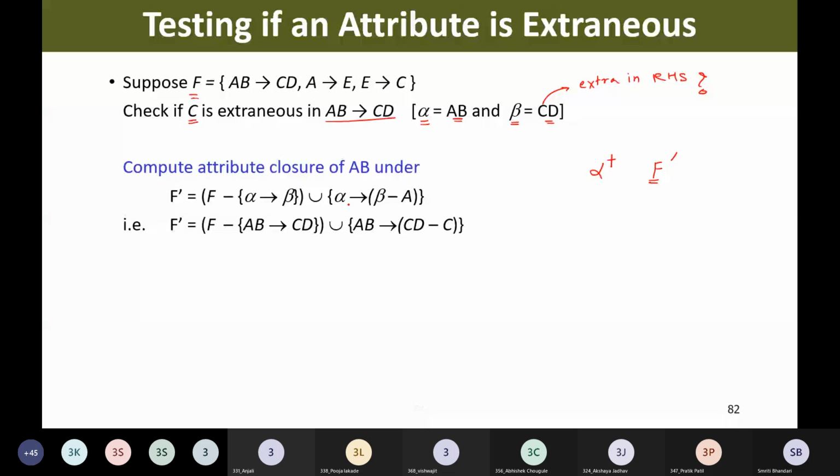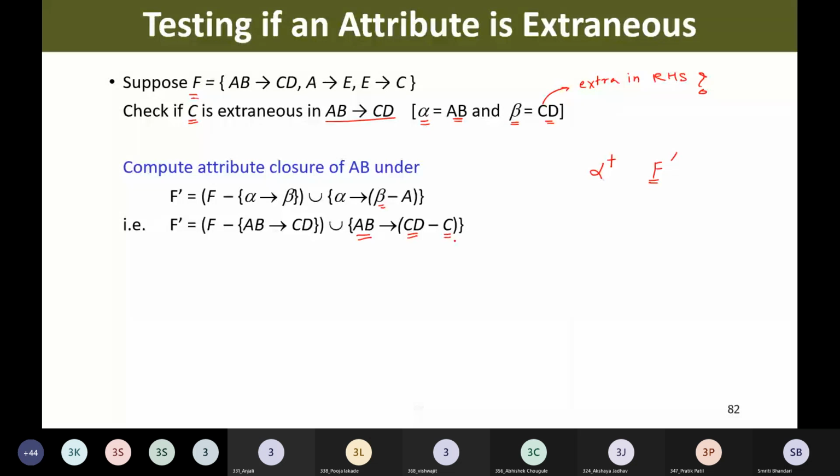We are testing for C. So, CD minus attribute under consideration, that is C. So, gives us F dash equal to F minus AB to CD.